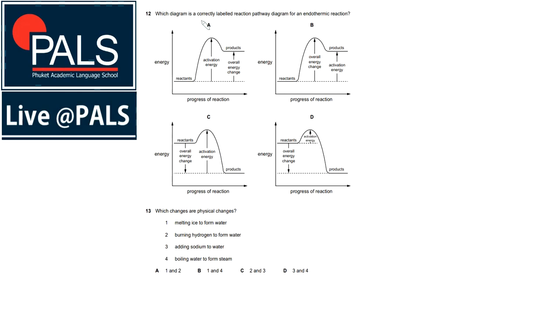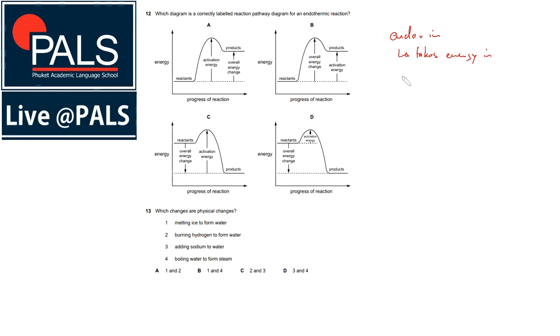Which diagram is a correctly labeled reaction pathway diagram for an endothermic reaction? An endothermic reaction is a reaction that absorbs energy. Endo means in, so it takes energy in, and where does the energy go?